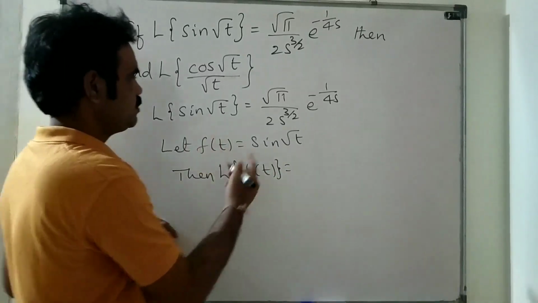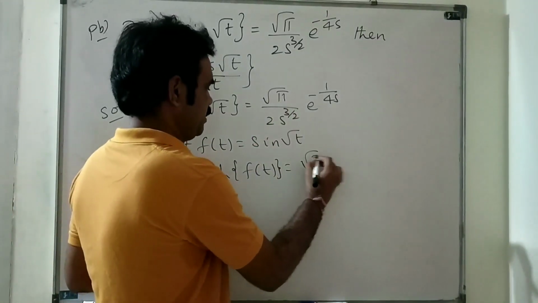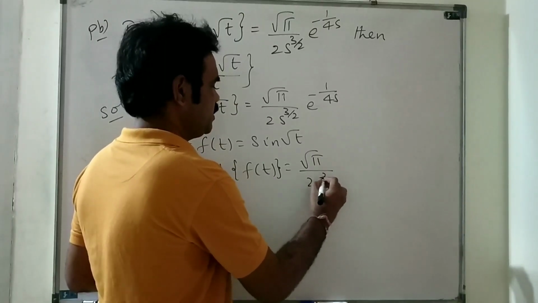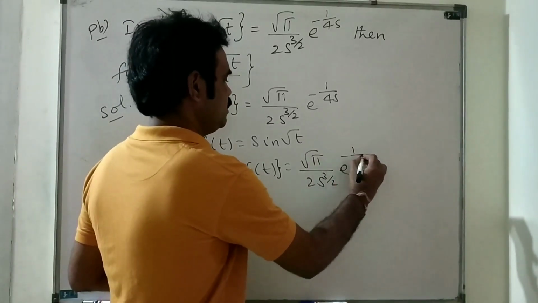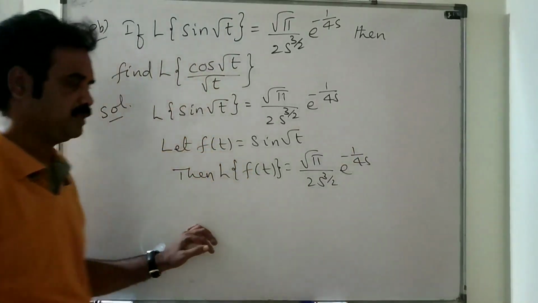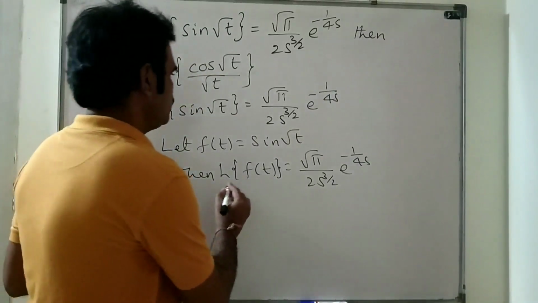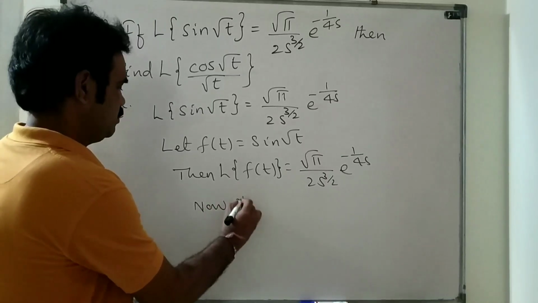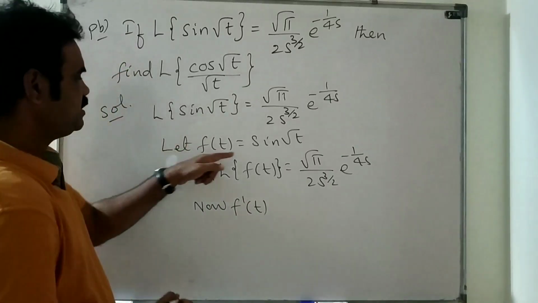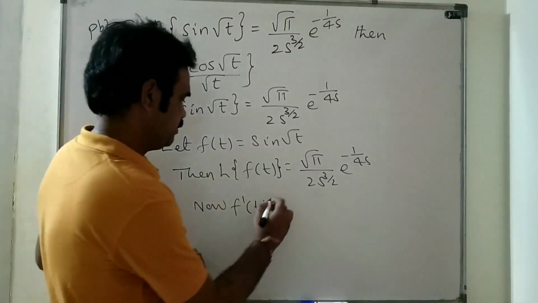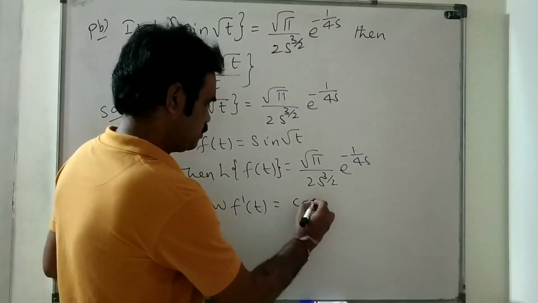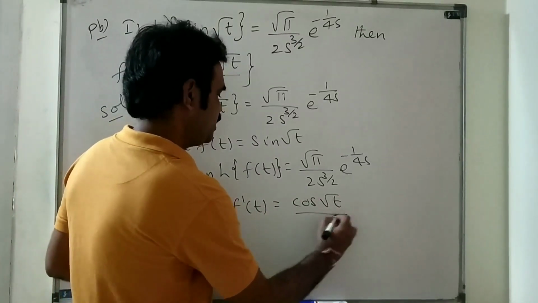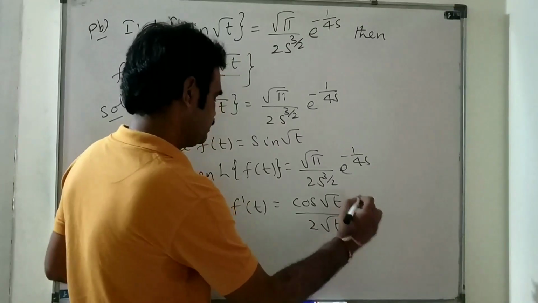Sine root t Laplace transform is root 5 by 2s power 3 by 2 into e power minus 1 by 4s. So now f dash of t. F of t is sine root t. Its derivative, sine root t derivative is cos root t by root t, derivative of root t.